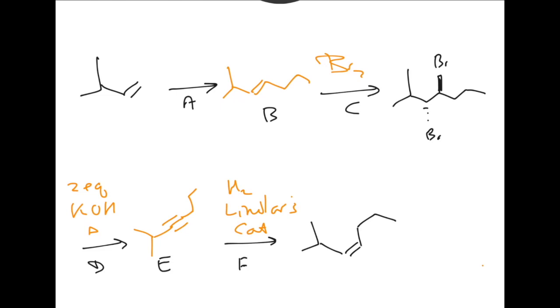So how can we go from the double bond that I gave you to the double bond that you got? Olefin metathesis. Yeah, so we need to add 1, 2, 3, 4 carbons. So, well, 3, and then you need the double bond.